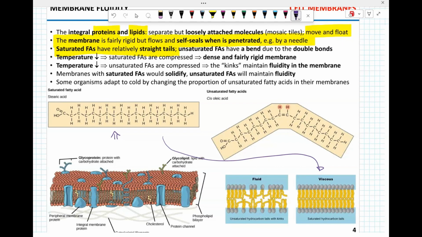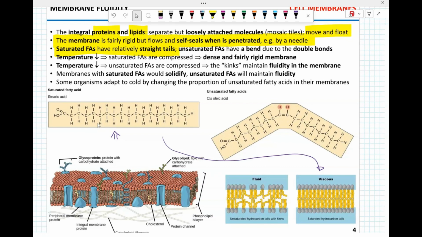In other words, the presence of saturated fatty acids in the membrane explains how this membrane can be more rigid and less fluid.